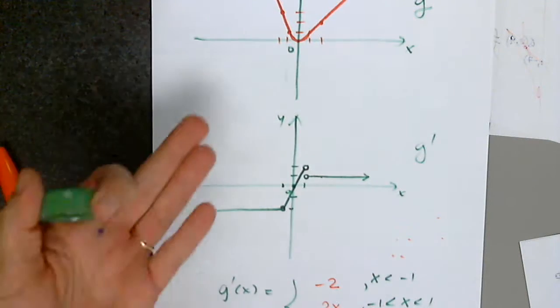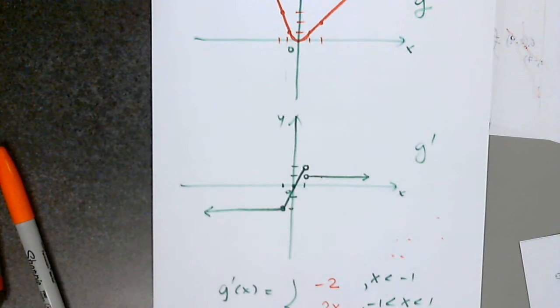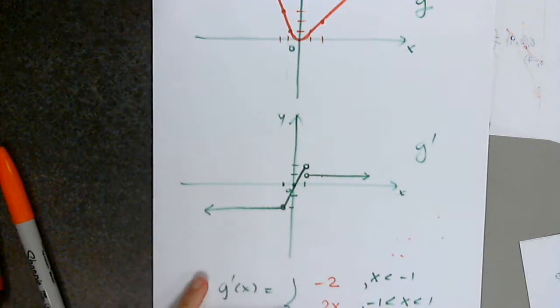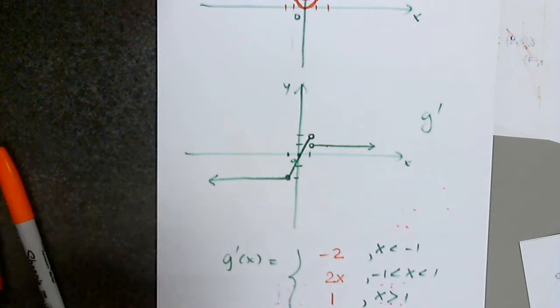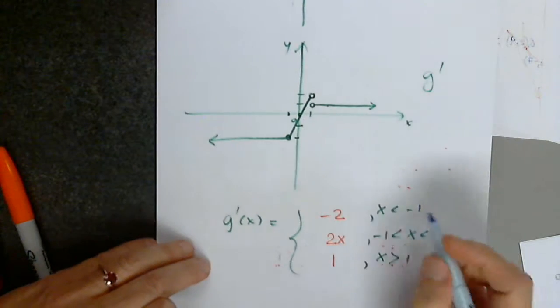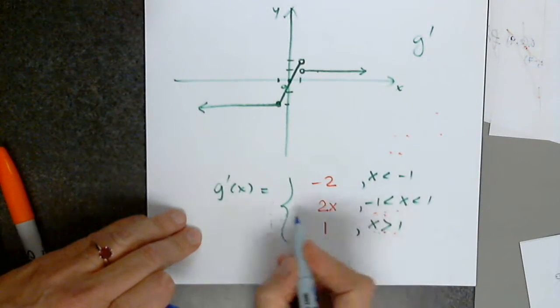The function g is or is not continuous everywhere? Is continuous everywhere. Is the function g differentiable everywhere? Where is function g not differentiable? At 1. Very good.